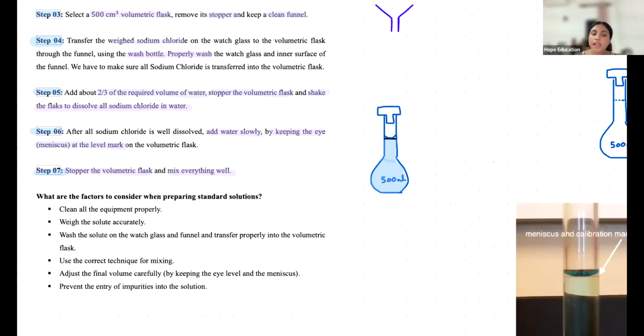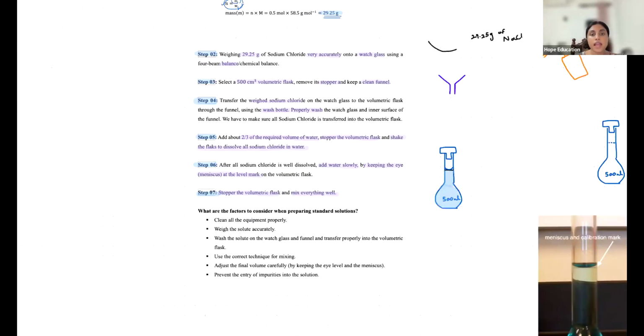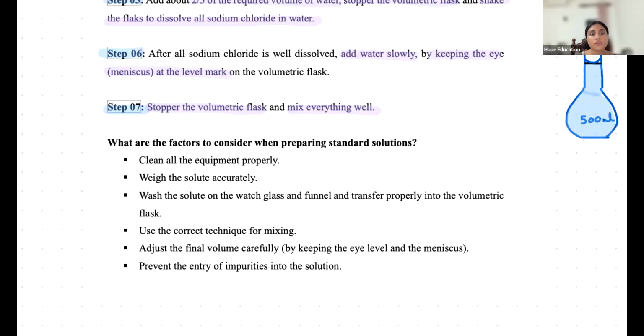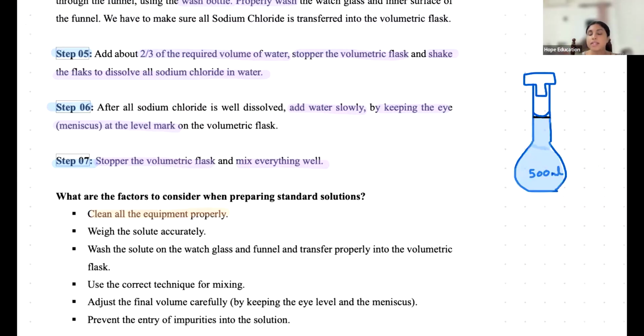So, what are the factors to consider when preparing standard solutions? බලමු. We have to clean all the equipment properly. Now, we prepared NaCl, sodium chloride standard solution. Think about it, if there's an impurity in the volumetric flask or the funnel or the watch glass, කොහේ හරි impurity එකක්, මොන හරි වෙන දෙයක් තිබ්බොත් එහෙම එයාත් මේක ඇතුළට යනවා.